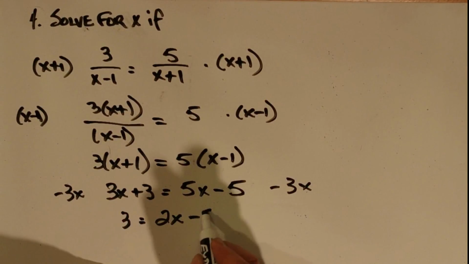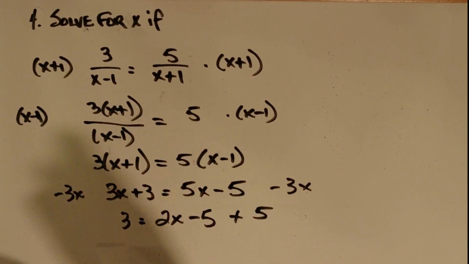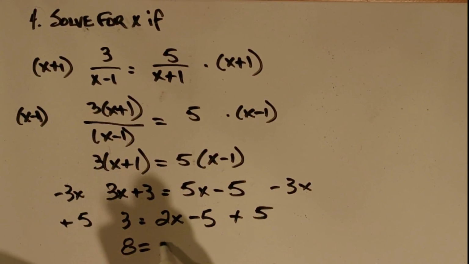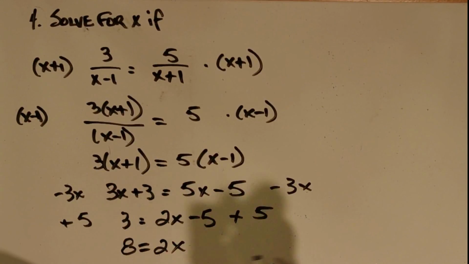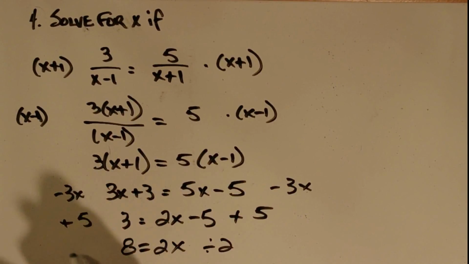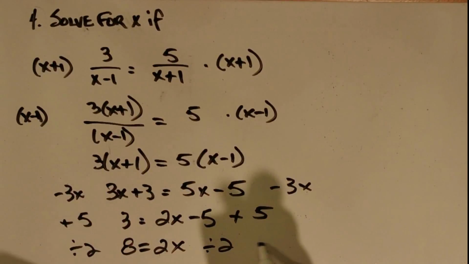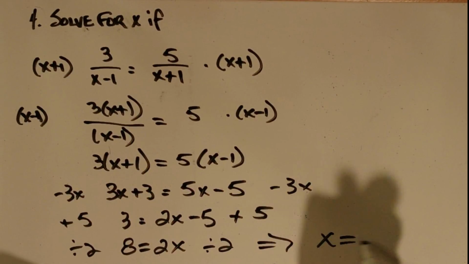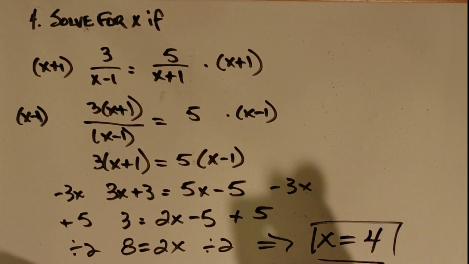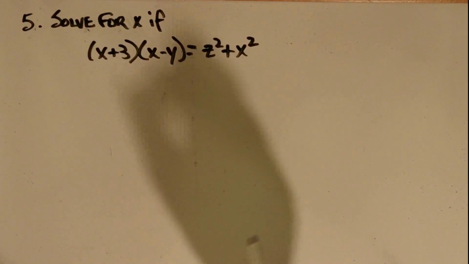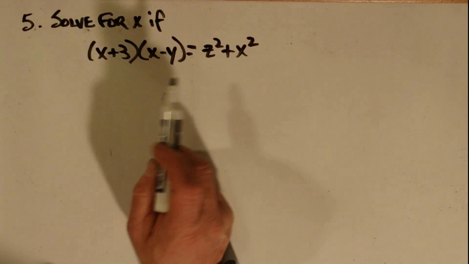Add 5 to both sides. And the result is 8 is equal to 2x. Divide both sides by 2. And our result is x is equal to 4. And that's it.